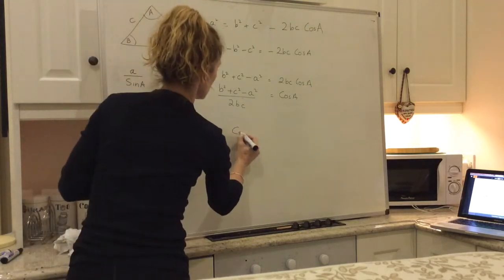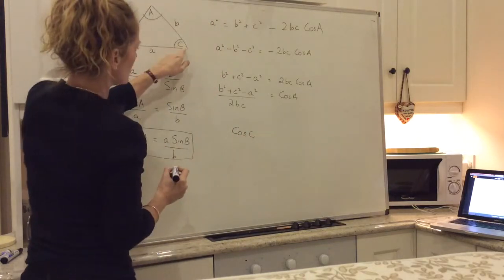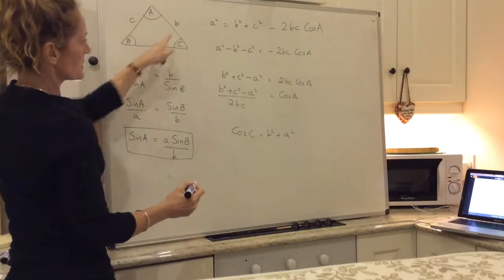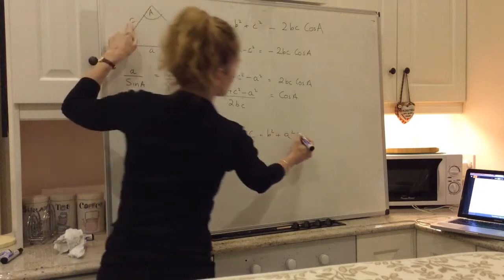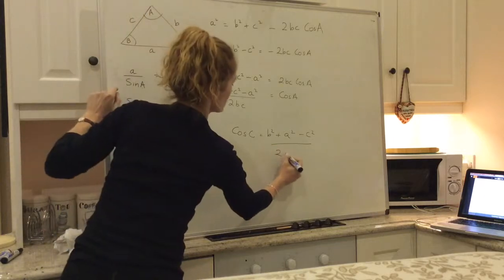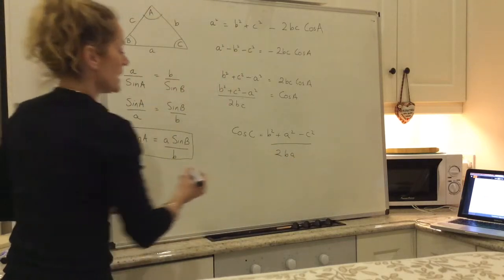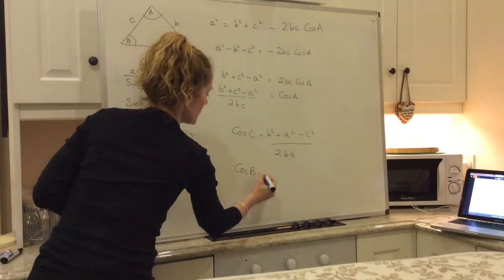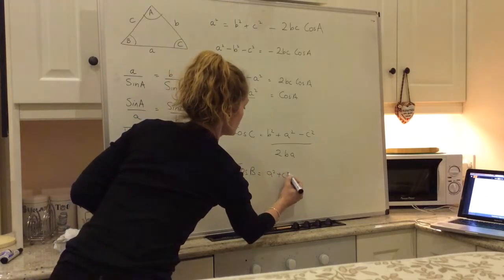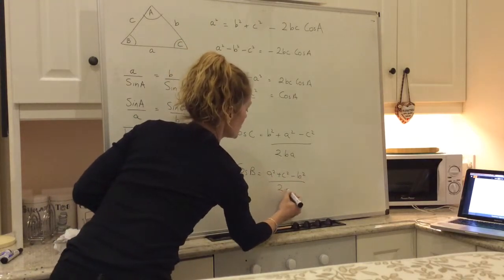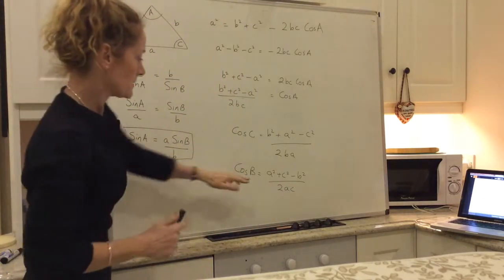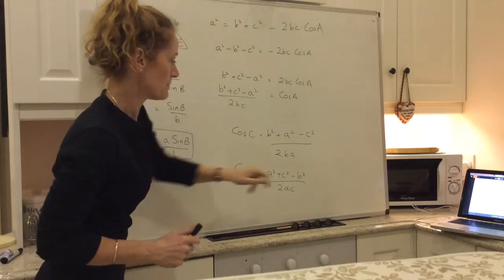So similarly, cosine C by the same rule is b squared plus a squared minus c squared divided by twice b by a. Okay, and cosine B would be equal to a squared plus c squared minus b squared over twice ac. So again, that's another important thing to realise, that we can replace cosine B by these.